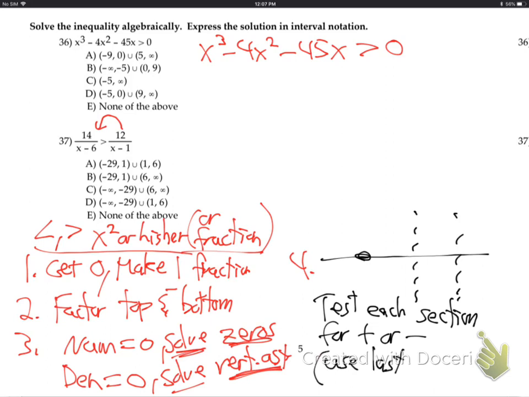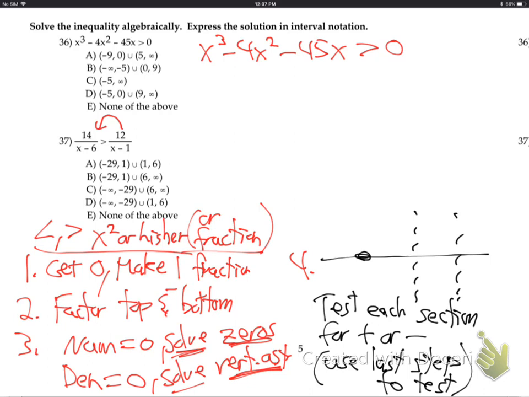The last step would be easiest. Use the last step to test. Okay. So there's the instructions for how you solve greater than, less than. Put that on your sheet of notes.